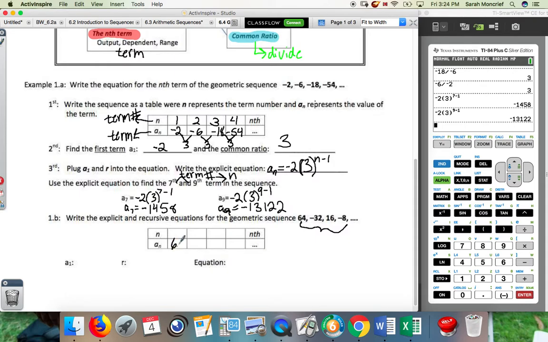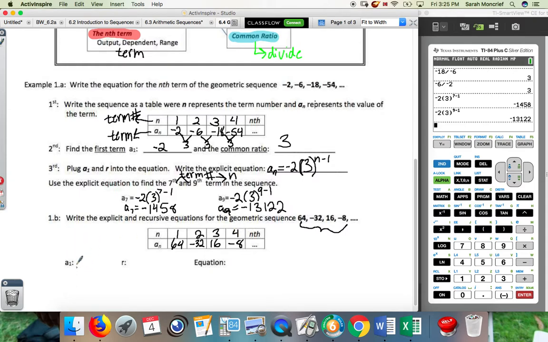So we have 64, then -32, then 16, and now -8. Again, what term number is 64? 1. -32 is 2. 16 is 3. And -8 is 4.